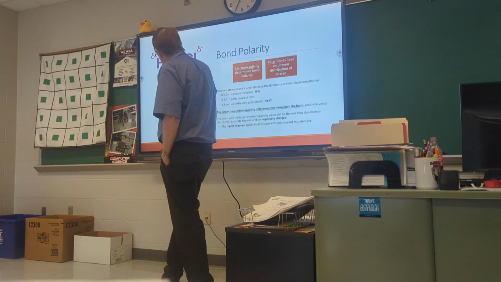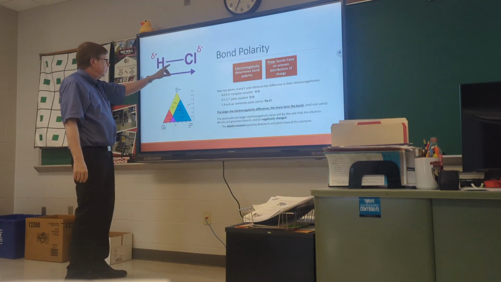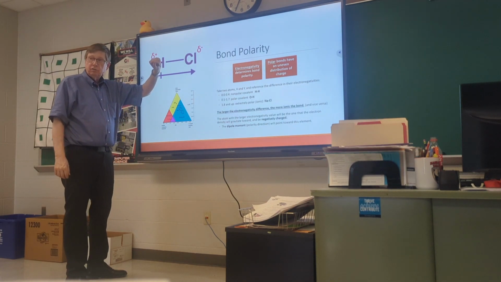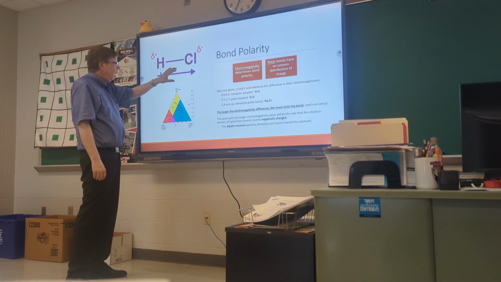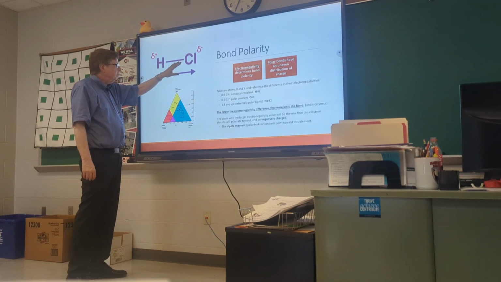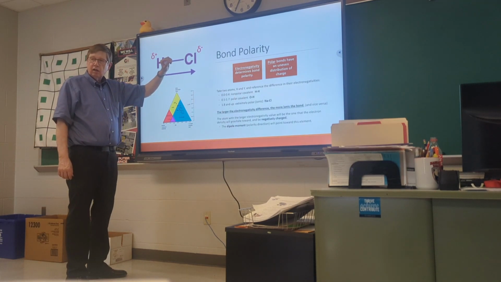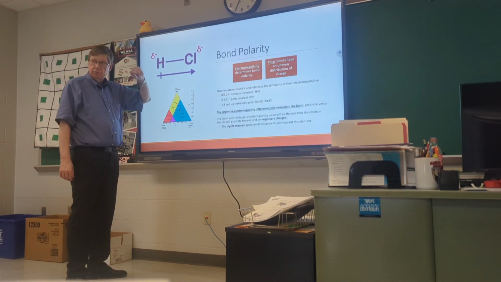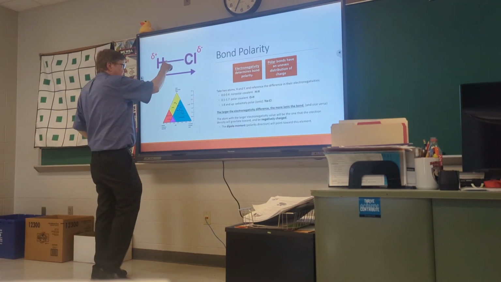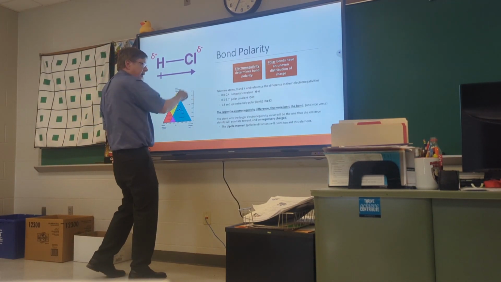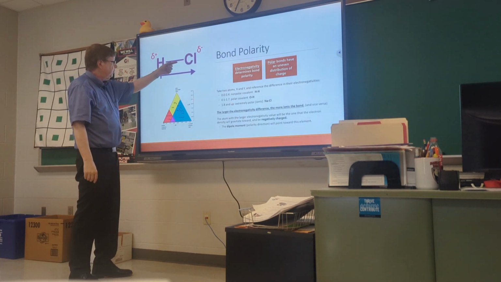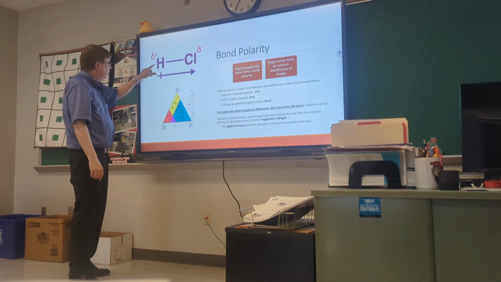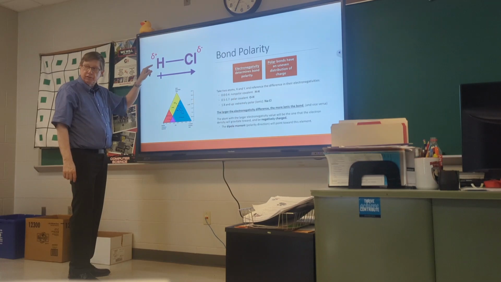Bond polarity. This is hydrochloric acid, HCl. The chlorine pulls on the electrons a lot more than the hydrogen does. What happens is this side ends up negative, and because this side ends up negative, this side ends up positive.